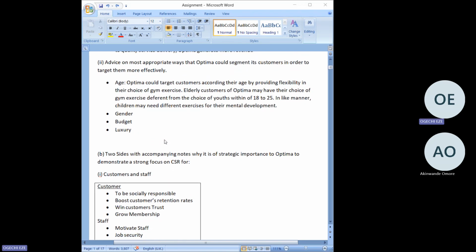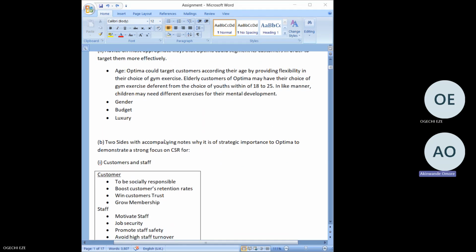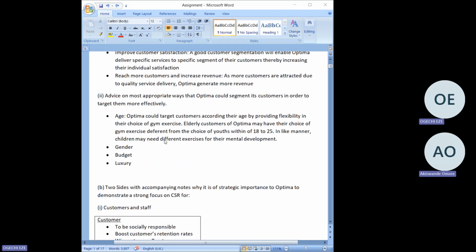Can it be? Okay, it's not the 5 P's now. Is it the 5 P's? See whether you can use the 5 P's. You have the product, you have the price, you have the what again?